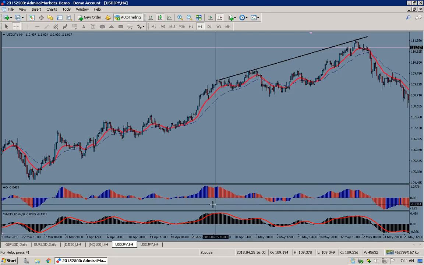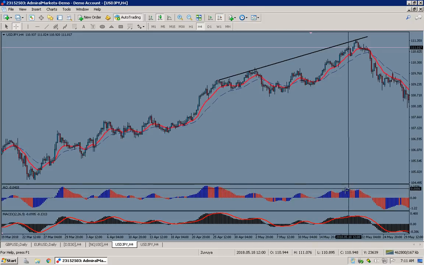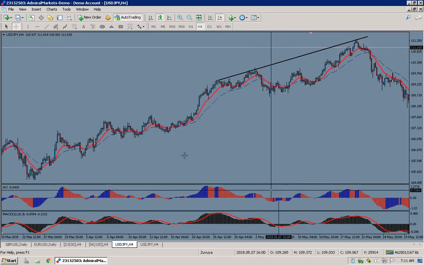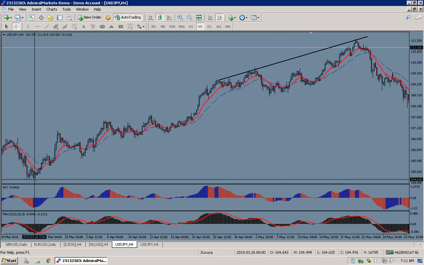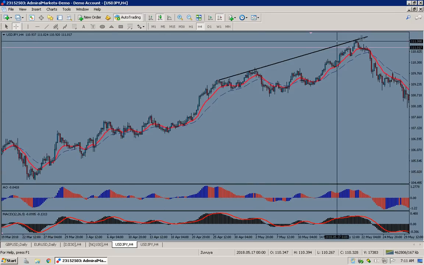The same of course applies if you are in a downtrend. But what will happen next is usually that you get divergence. And this is a beautiful example: the US yen from late March into the May 21st high.